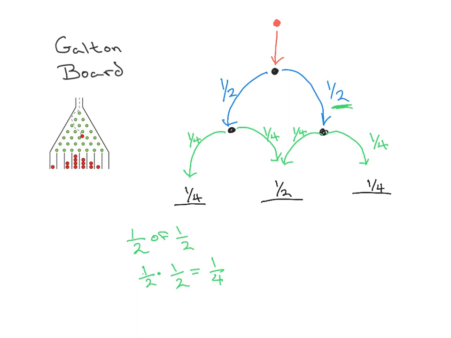Which then leads me to think, what if instead of collection buckets here there was another peg?